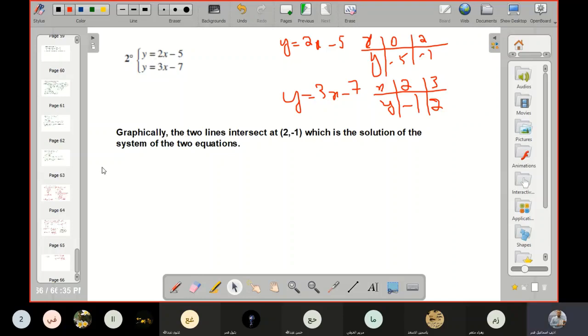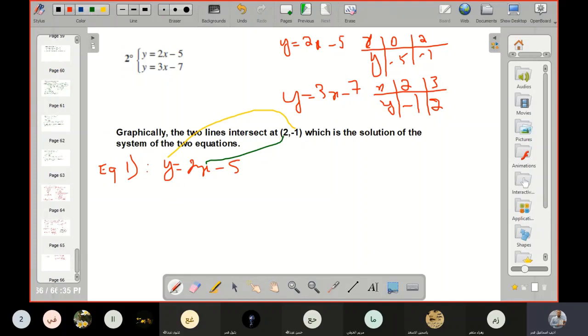So let's start with equation 1. y equal 2x minus 5. So instead of x, we put 2, and instead of y, we put -1, and we check if it's true or not.